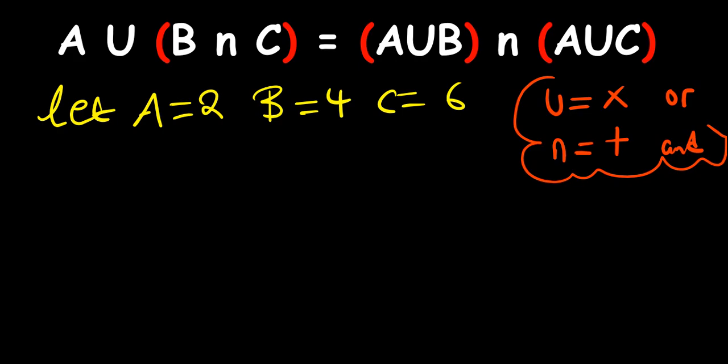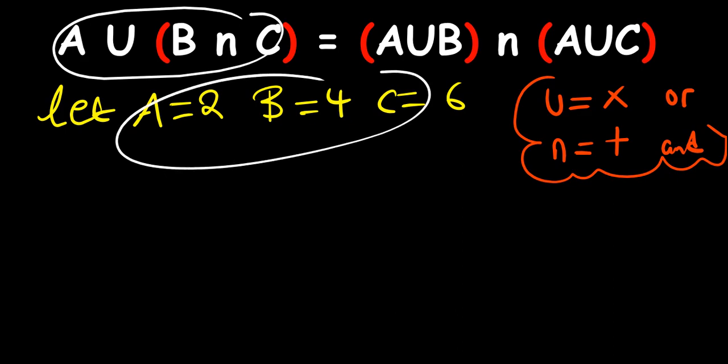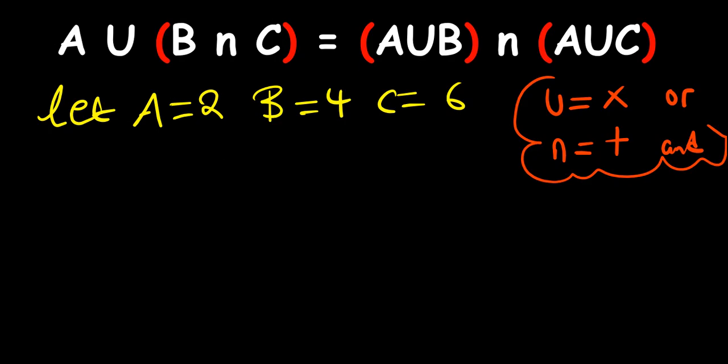Where there is A, I'm going to replace sequentially where there is B and C as well. So in this first equation, I'm going to replace these ones. Even in the second equation, we see if they're going to give us the same answer. So the left hand side, we want to see if it's equal to the right hand side. So let's start with the first one.